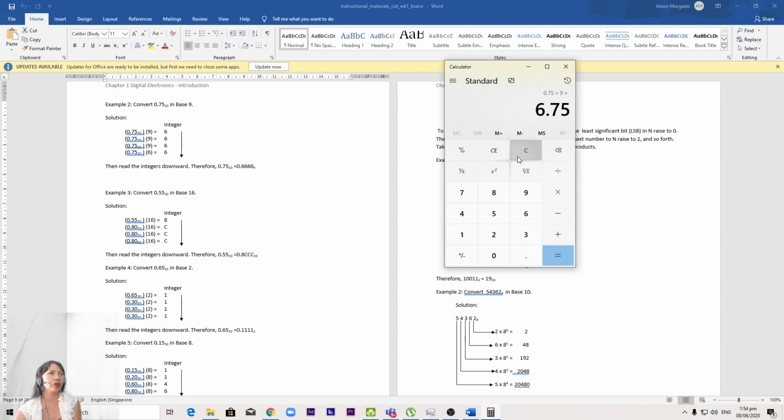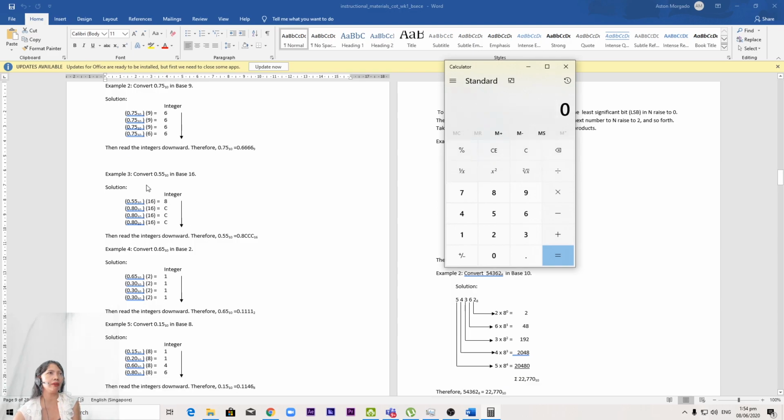Okay. So example number 3, we have 0.55 base 10 to base 16. So we have 0.55 times, so you have to multiply it by the base number that you want it to be converted to. So we have 0.55 times 16, which is actually equal to 8.8. So you write the whole number here, 8.